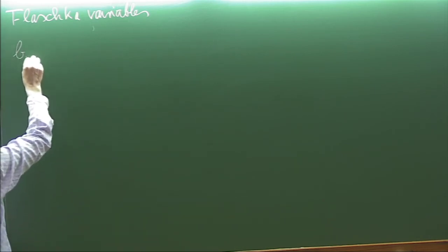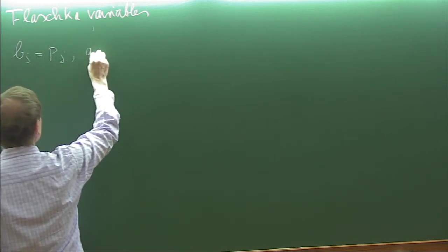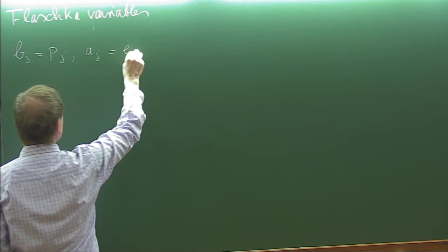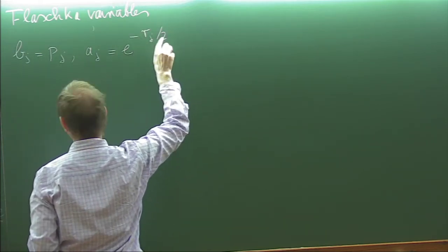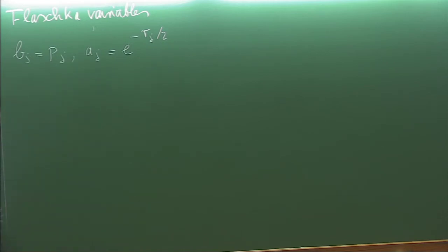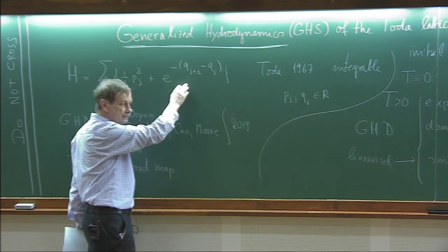So the Bj is nothing else but Pj, and the Aj happens to be e to the minus Rj over 2. So the A squared is actually what appears in the interaction, right? That's the intuition behind it. When you look at this thing, you see this is written as B squared plus A squared, right?